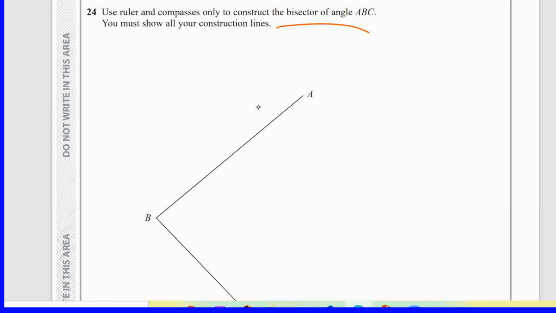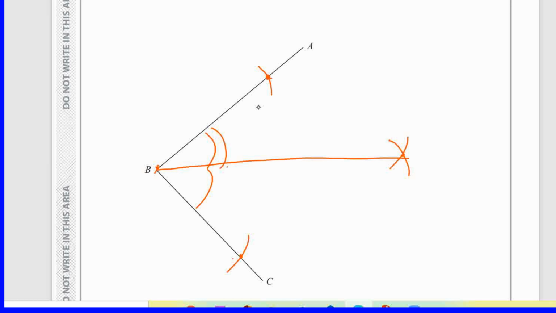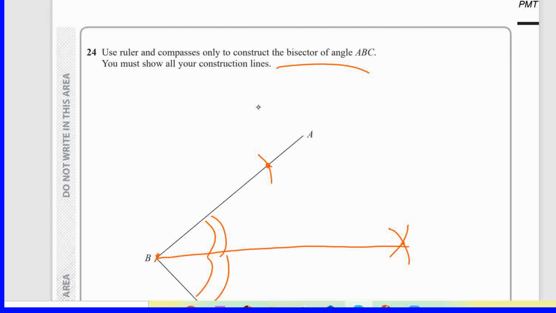Make a cut here with the compass, and the same compass cut here, with the needle of the compass at the vertex. Then from this point, put the needle of the compass and make another mark here. From the other point, make another mark. Then we get the meeting point, and we just connect. This will be the line that divides the two angles. You have to do this with the compass and ruler.